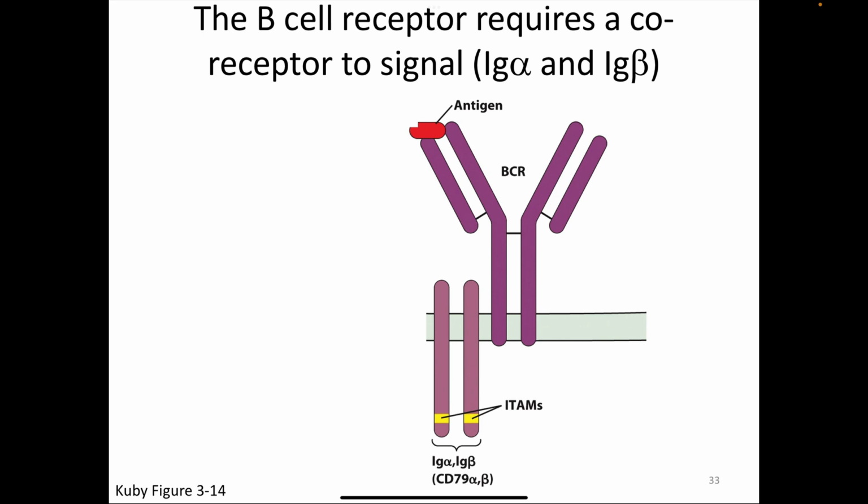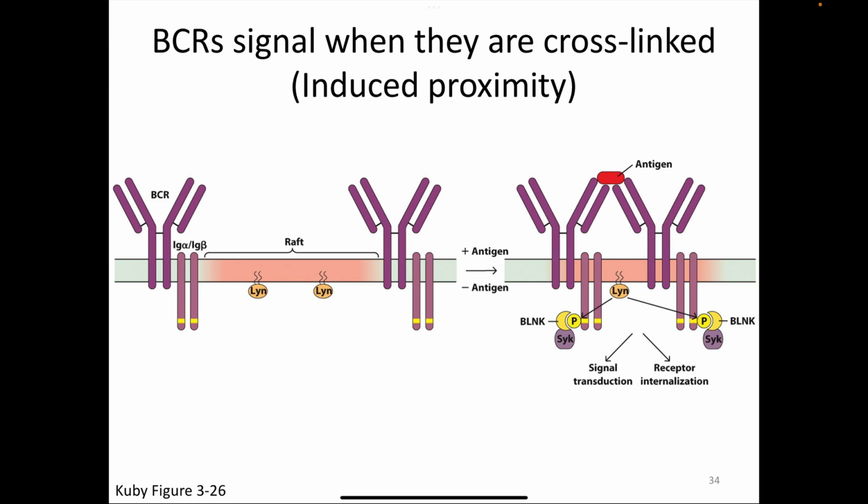And so the way that this will work, and this sort of answers the point that you were making, Jonah, is that usually you will have multiple B cell receptors that bind antigen come together and have induced proximity, with some of those kinases acting on the tyrosine in that Ig alpha and Ig beta. So typically we're going to have multiple B cell receptors on one B cell get cross-linked, pull all this stuff into proximity, and get some signaling.